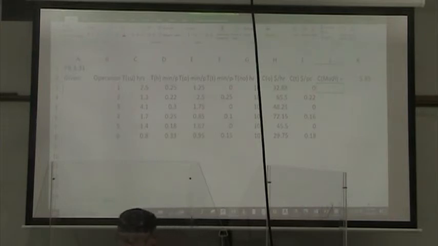The batch quantity equals 40. I'm sorry? Can you move the cursor, please? Oh, material, okay. Cost of material.